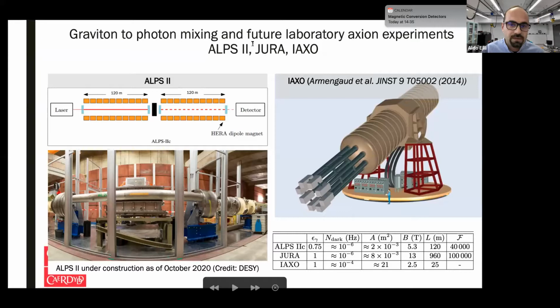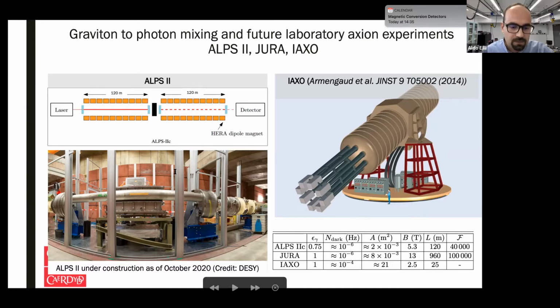JURA will be a successor of ALPS II, and is a conceptual design. Also IAXO right now is a conceptual design. So ALPS II is under construction, and Axel Lindner in the next talk will be talking about its potential for high frequency gravitational waves and all technical details.